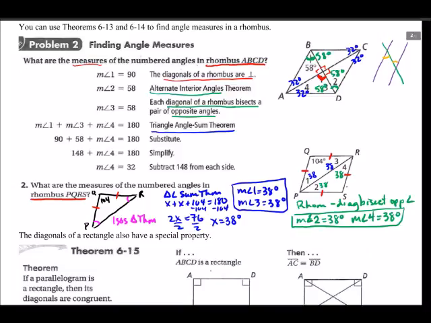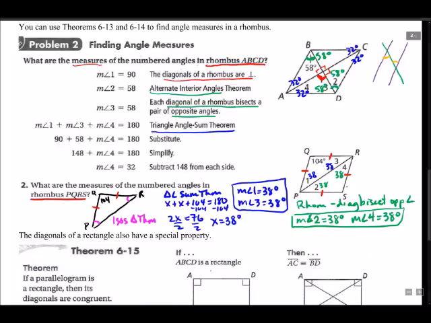Because if you did, then you should see that it makes isosceles triangles. And if we use the isosceles triangle theorem, we know that angle 1 and angle 3 are congruent, which means we can use our triangle angle sum theorem: x plus 104 equals 180, and we get x equals 38 degrees.